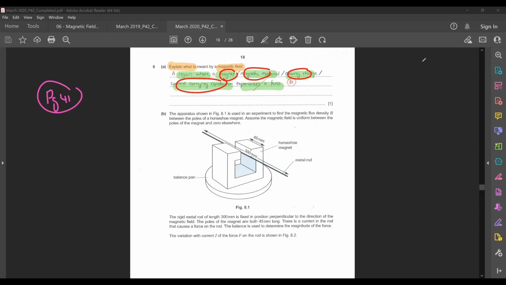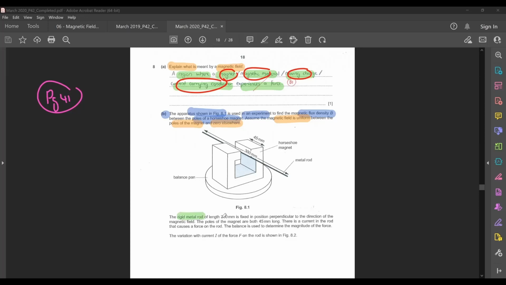All right. Then if you move on to part B, the apparatus shown in figure 8.1 below is used in an experiment to find the magnetic flux density B between the poles of a horseshoe magnet. Assume that the magnetic field is uniform between the poles of the magnet and zero elsewhere. Notice that the diagram below here is actually quite similar to the one that you had before.